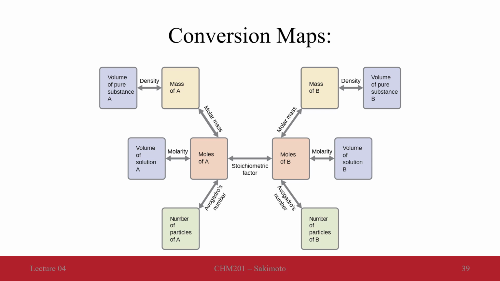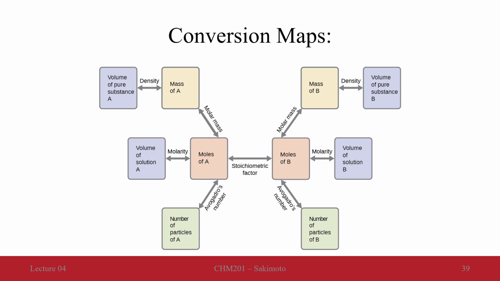In each of these cases, they all require a series of conversion factors, and this particular map found within your textbook is a helpful visual guide that all anchors on the idea of using a molar mass, a density, a concentration like molarity to get to moles, from which we can translate from moles of reactant to moles of product, or vice versa, before we then translate it back onto something we might measure, such as mass or volume.